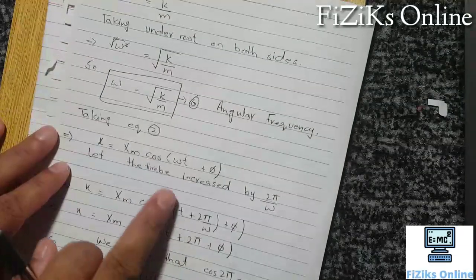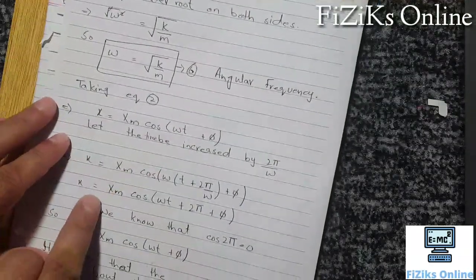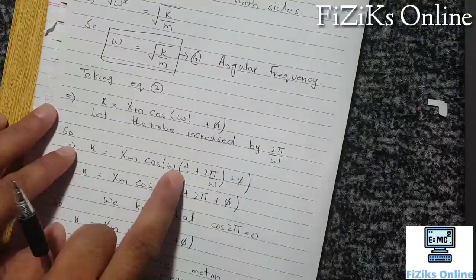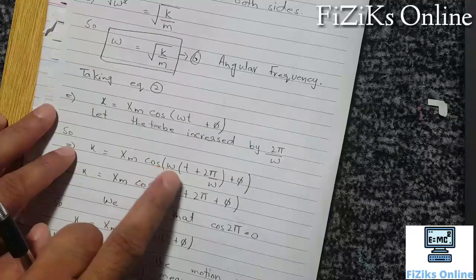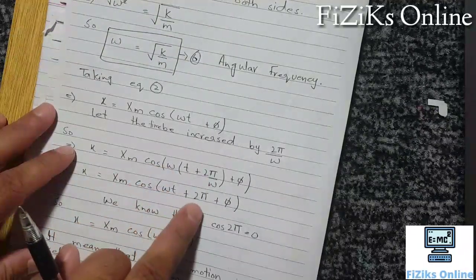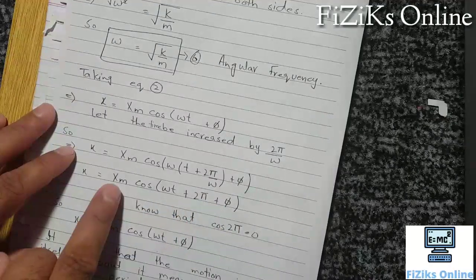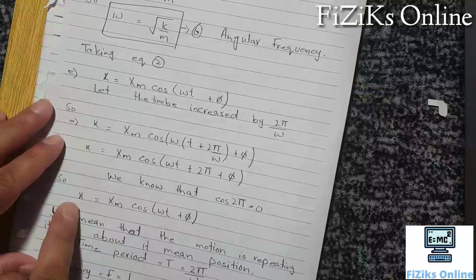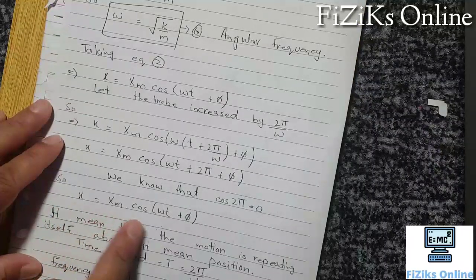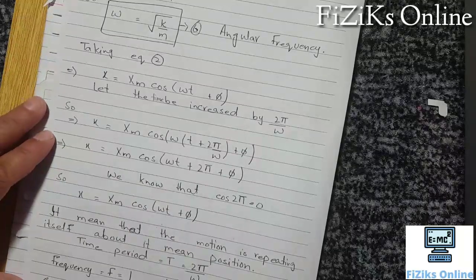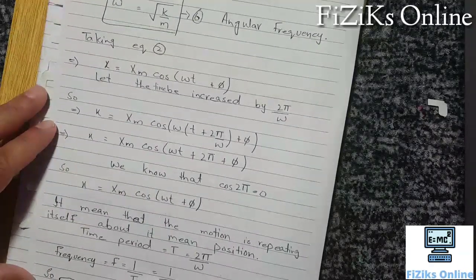Plugging in the value, the equation becomes xm cos(omega t plus 2 pi plus phi), as omega multiplied with 2 pi by omega cancels. We know cos of 2 pi is 1, so the equation becomes x equals xm cos(omega t plus phi). It means that the motion is repeating itself about its mean position.